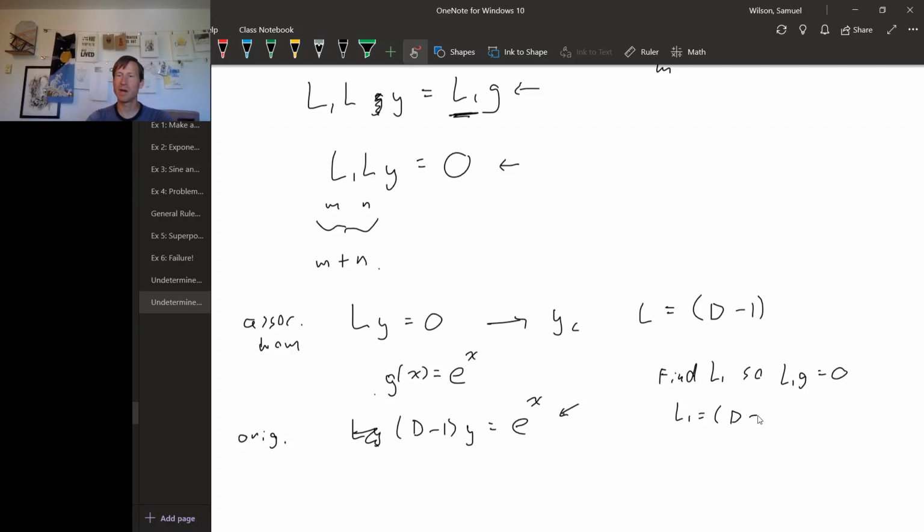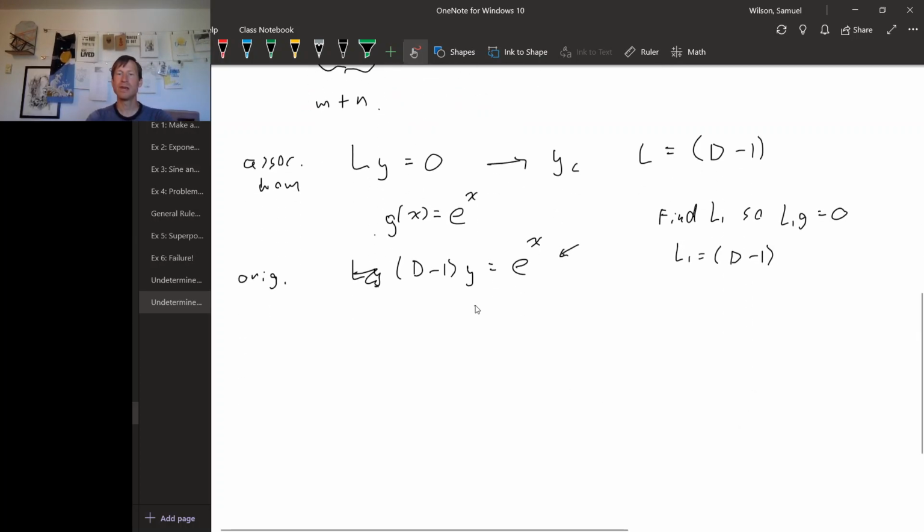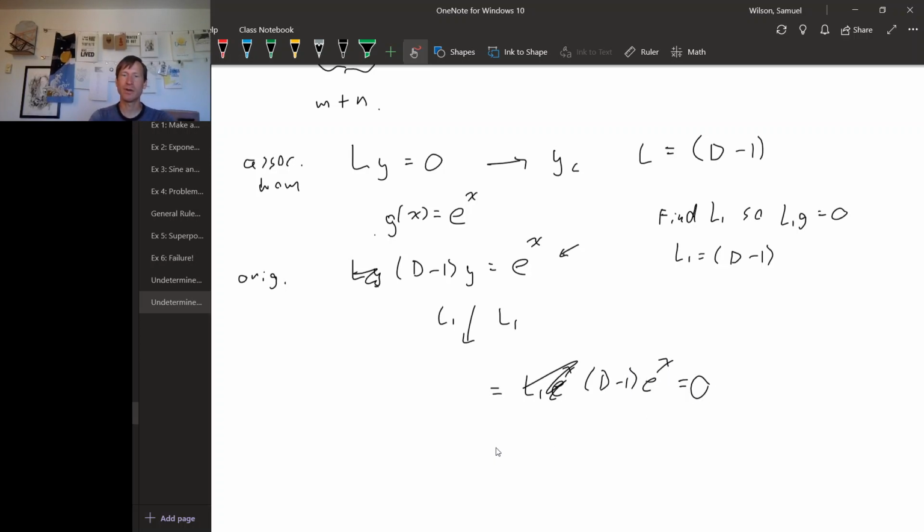That's D minus 1. So then we hit both sides of this with L1. On the right-hand side, we get D minus 1 times e to the x, but that's 0. So the right-hand side is 0. And on the left-hand side, we started with D minus 1 times y, and we're hitting it with D minus 1 again. But D minus 1 applied to D minus 1 applied to y, that's D minus 1 squared.